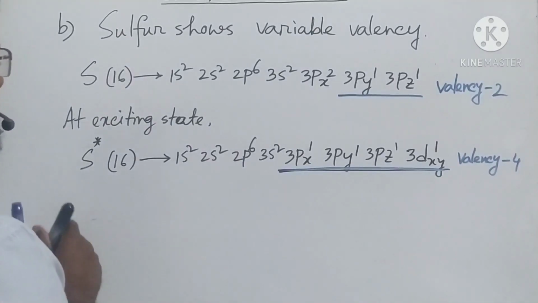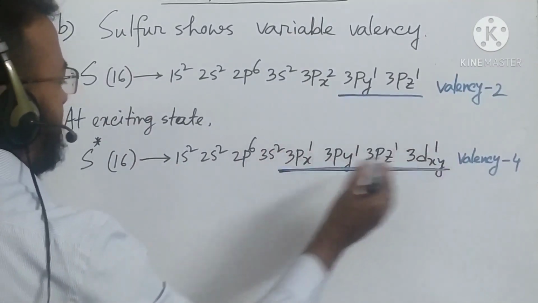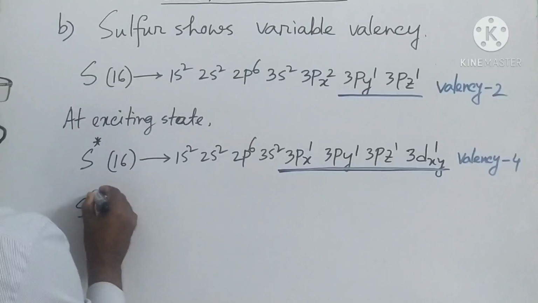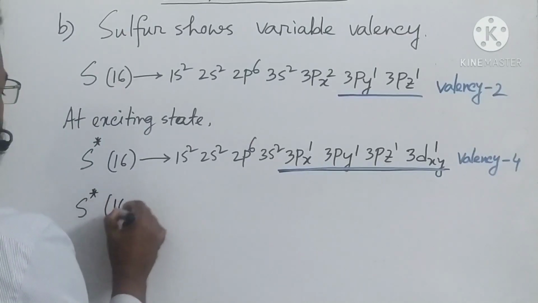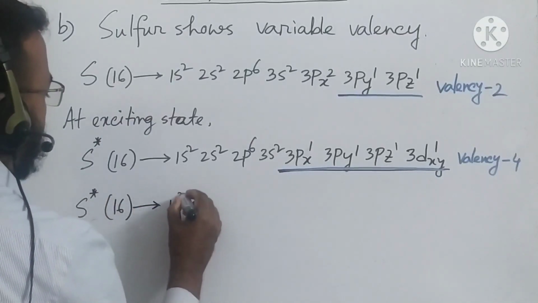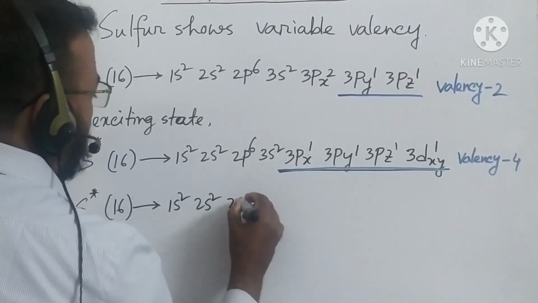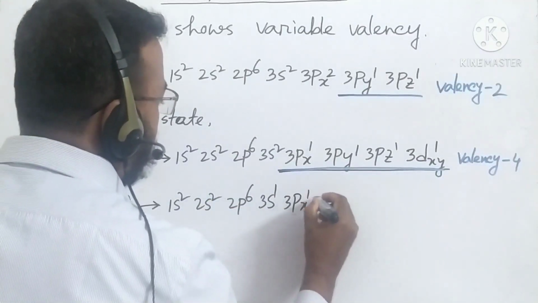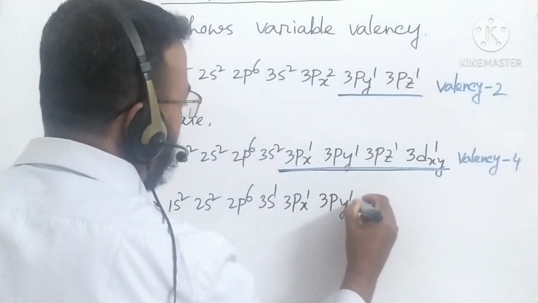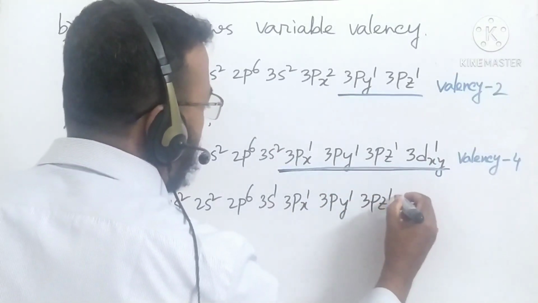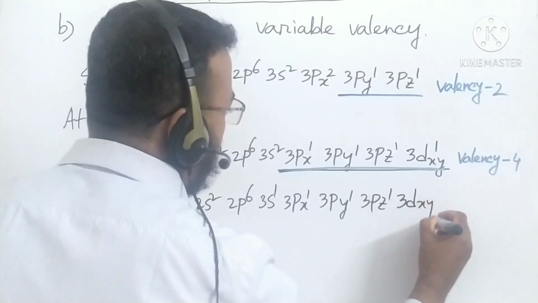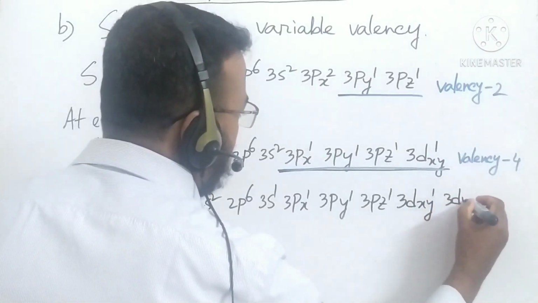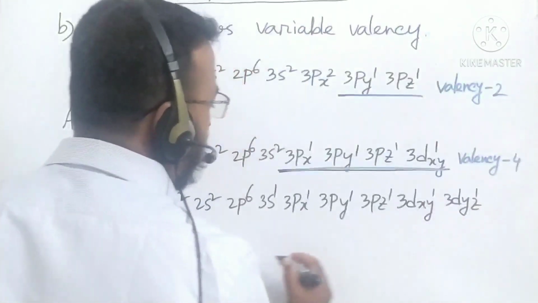Again, from the s orbital one electron will go to another d orbital. So this is 1s2, 2s2, 2p6, 3s1, 3px1, 3py1, 3pz1, 3dxy it is 1, 3dyz it is also 1.